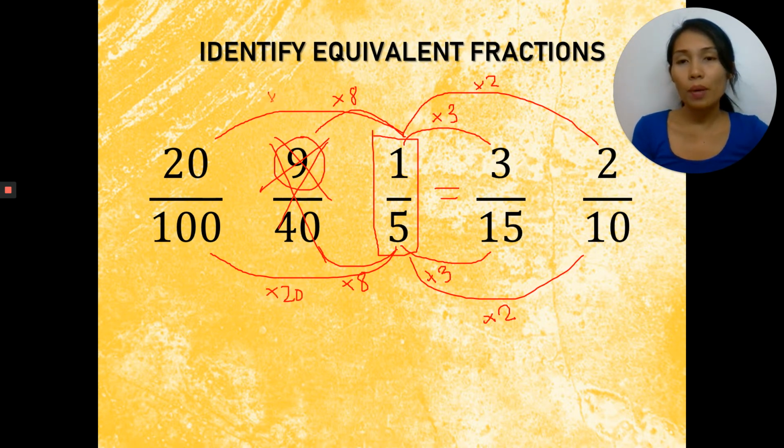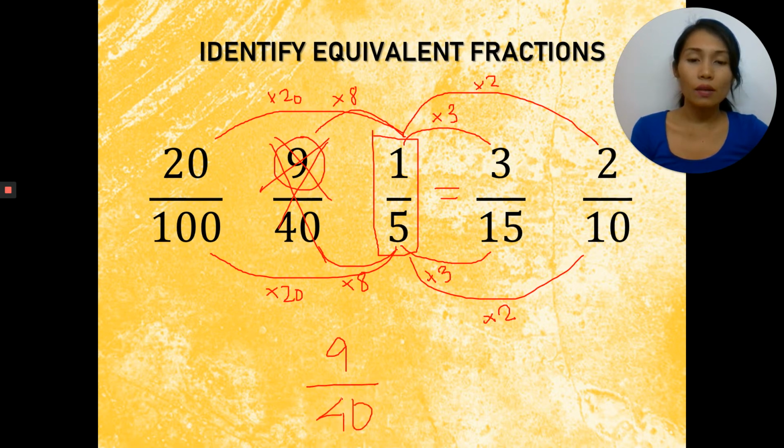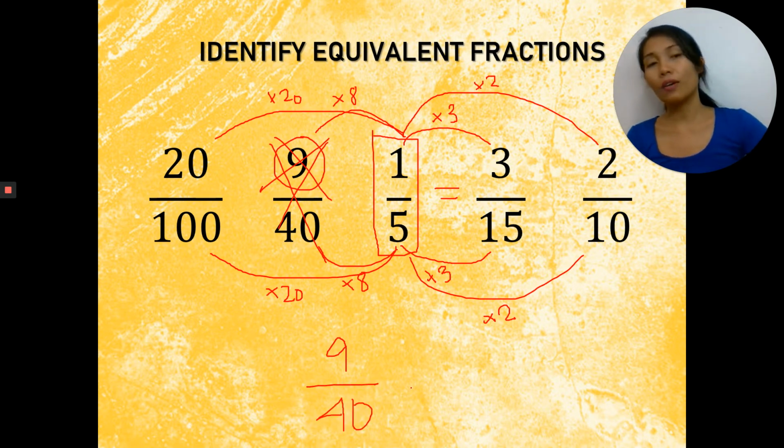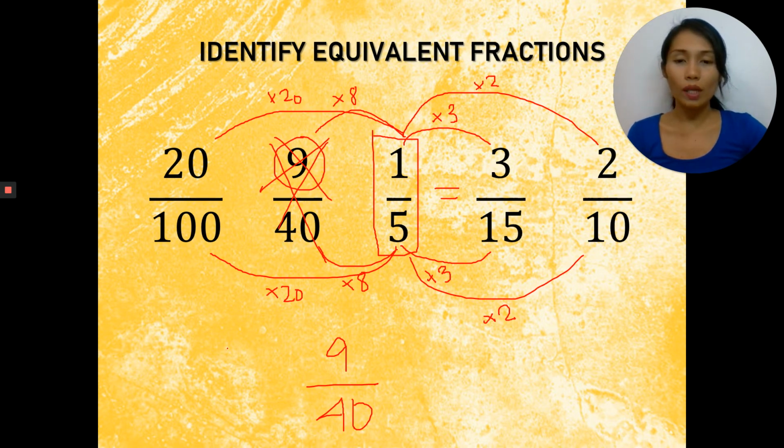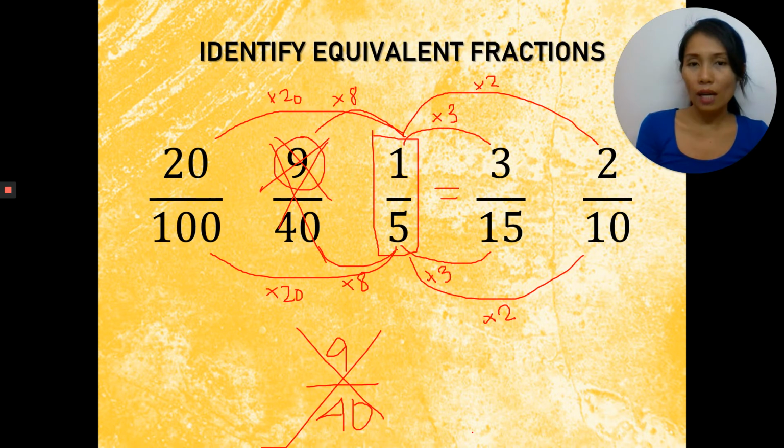Now you multiply above. 1 times 20 equals 20. So they are equal. So the odd one out here is 9 over 40. Okay, 9 out of 40. That's the odd one out. That means it is not an equal fraction of 1/5. All right, easy, yeah?